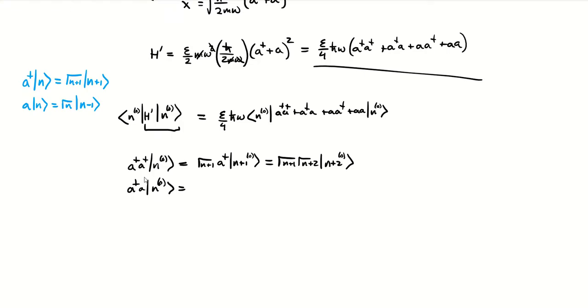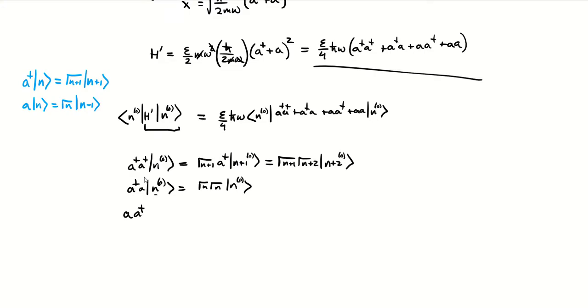Just quickly going through the others, for a dagger a we get a root n from the lowering operator that brings this to n minus 1, and then the raising operator gives us another root n, so we go down and then up and are back at the n state.